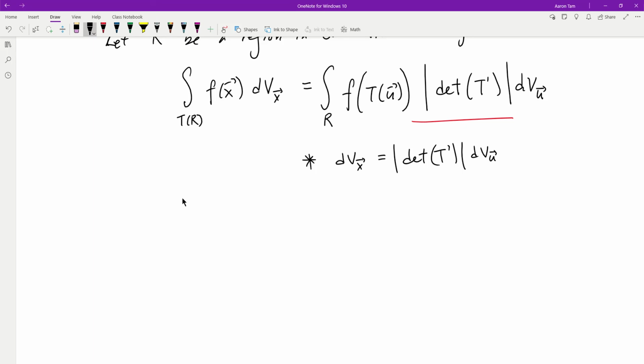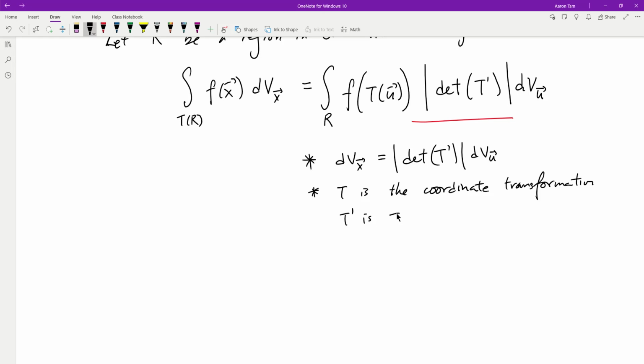So in here, remember that T is the coordinate transformation. And T prime would be the derivative matrix of the coordinate transformation. And you learned that in 6.5 that it has a name.